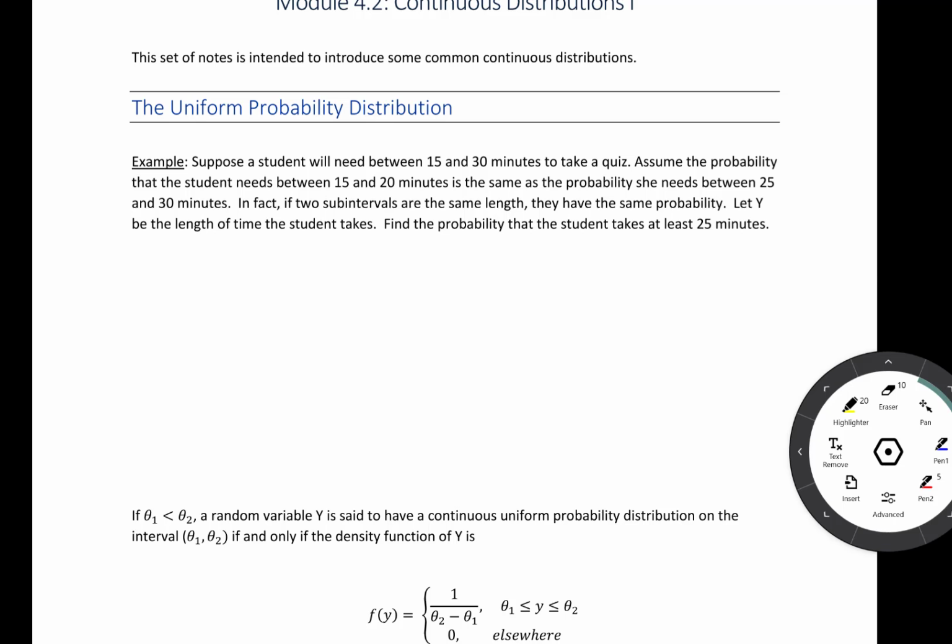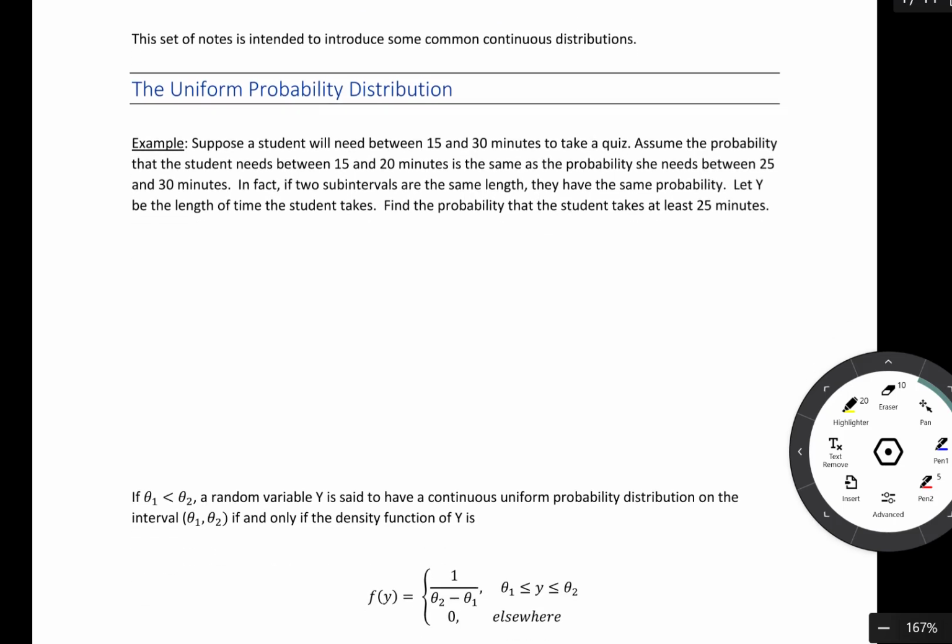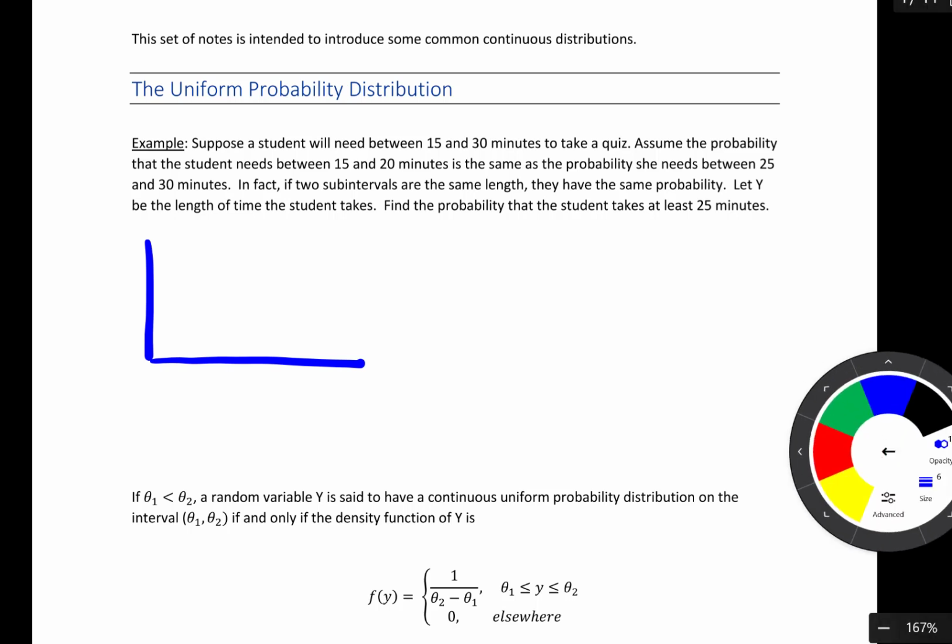So let's start out by drawing the graph of what this distribution looks like. Here on our axes, we've got f of y, and here we're going to have y.